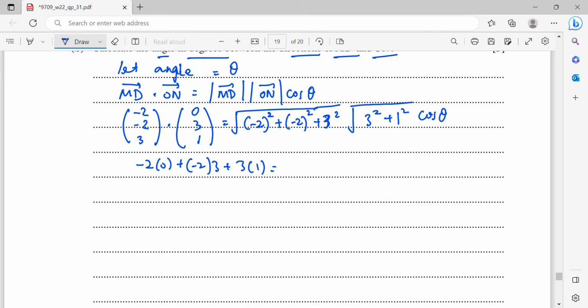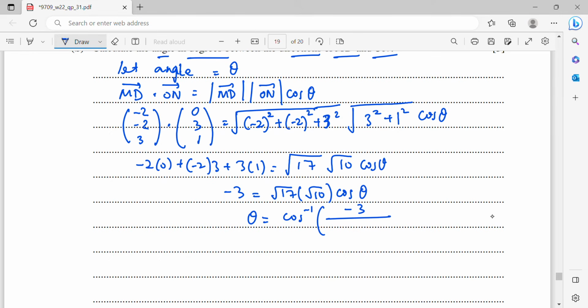For the right-hand side, the first magnitude is square root 17. The second magnitude square root 10. Then cos theta. Now, for the left-hand side here, you will get negative 3. Okay, so theta is inverse cos of -3 over square root 17 times square root 10. Now just use the calculator and you'll be getting 103.3 degrees, 1 decimal place.